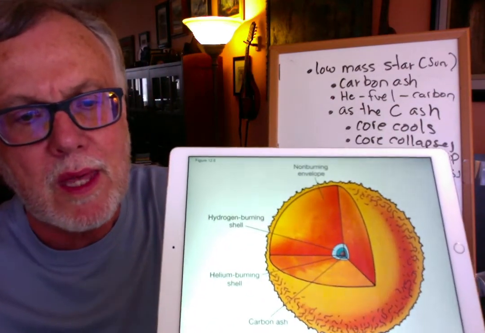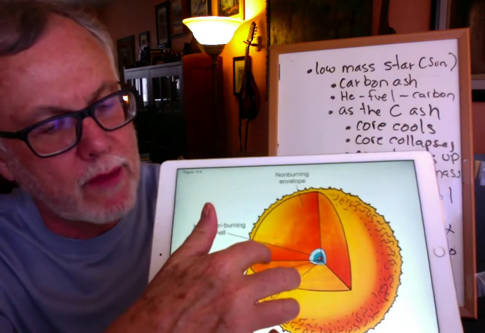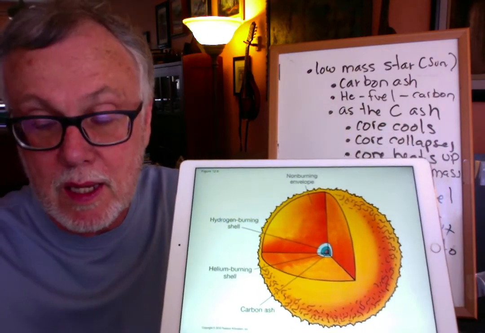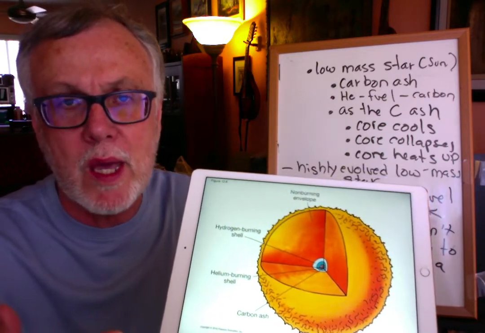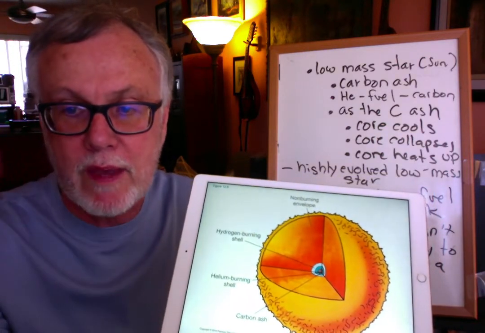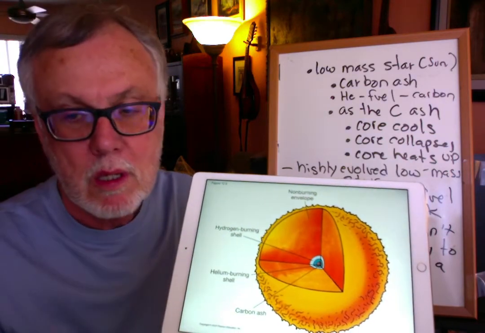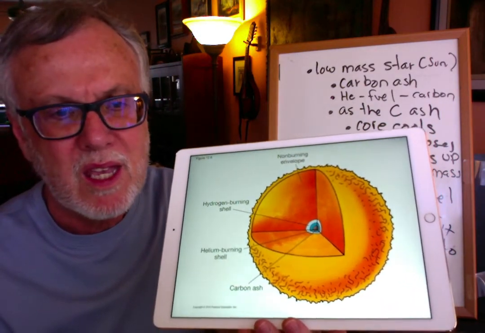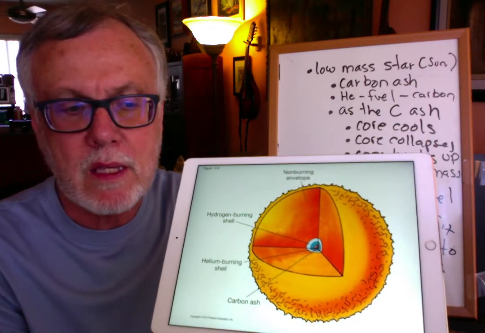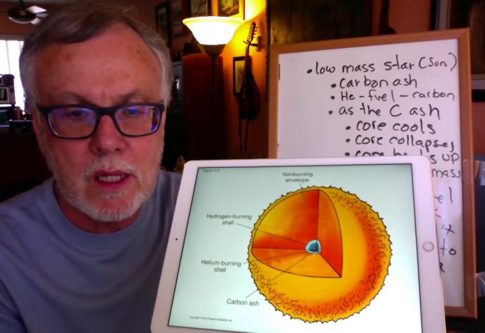You can see that outer envelope is shoved further and further away until finally it is shoved so far away it just floats away from that core. And what that means is that it is effectively dead. It has killed the star.